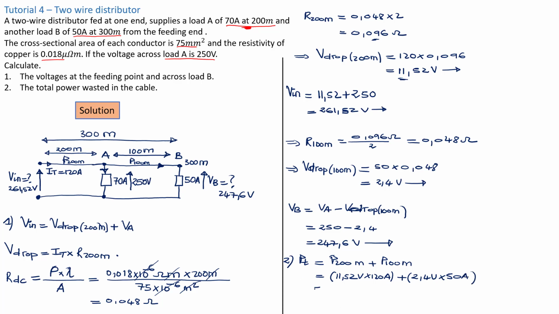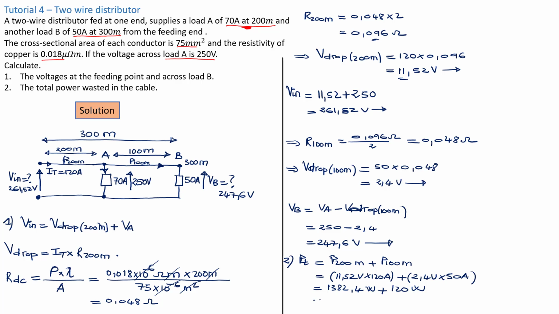Now we can go ahead and calculate. 11.52 times 120 gives me 1382.4 watt, or volt ampere, plus the other one, 2.4 times 50, and that is 120 VA or 120 watt.